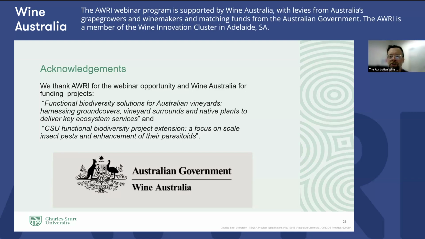Just wondering if there's a correlation between high vine leaf nutrient levels, vine nutrition, and a reduction in scale. I'm not aware of any published work on this. No, okay. Can't address that one.